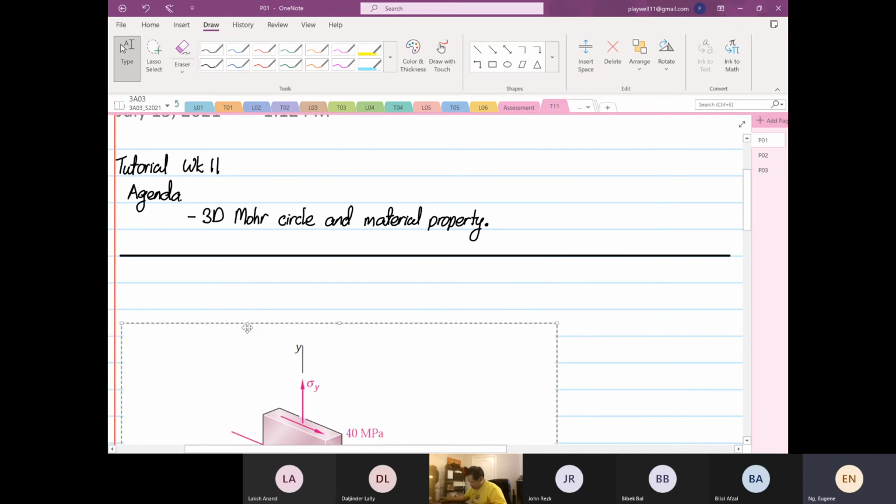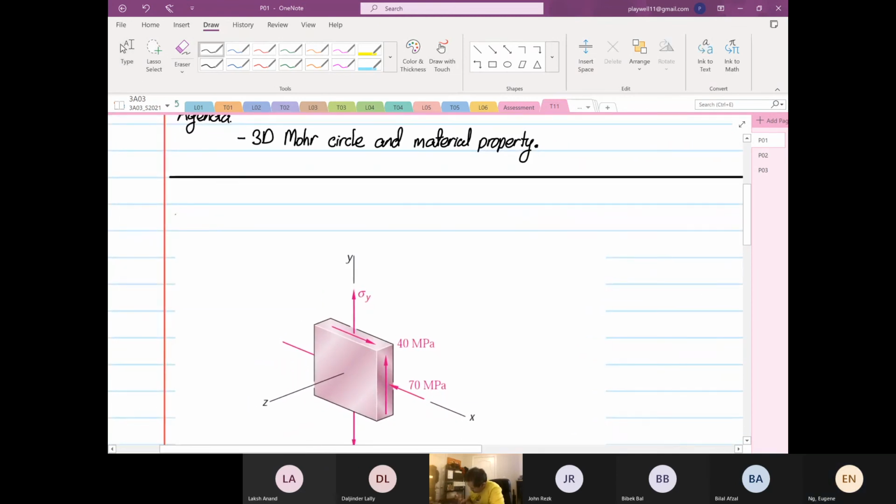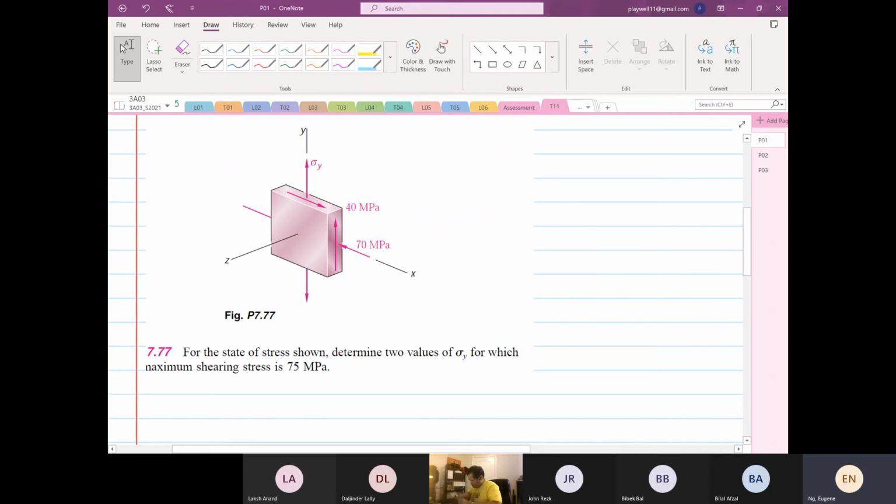Right. So this is an example on 3D Mohr circle. What is given to us is a stress acting in the x direction in compression, 70 megapascal. We have a 40 megapascal shear.